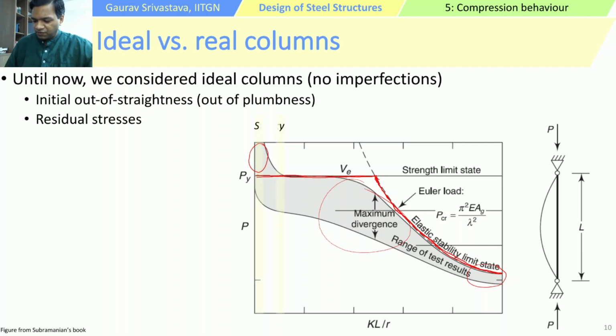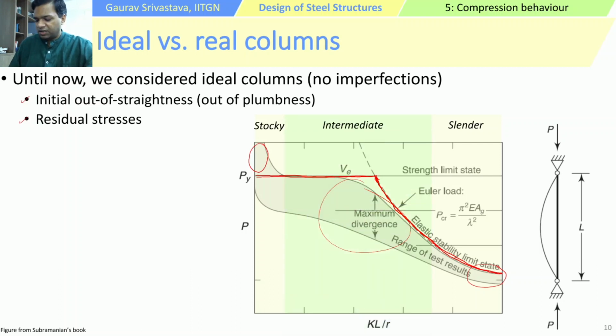So basically, if we consider very, very stocky columns, which means very small slenderness ratios, the behavior will not be affected to a great extent by these two imperfections, although it might be a little bit affected. Similarly, for very, very slender columns, the behavior may not be affected to a great extent by the imperfections.